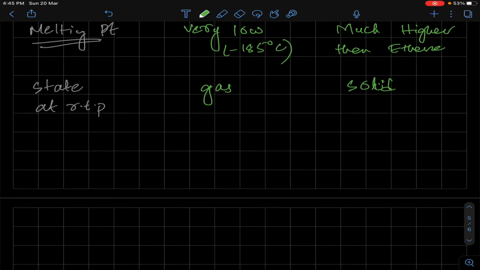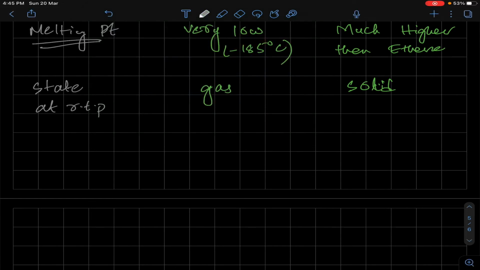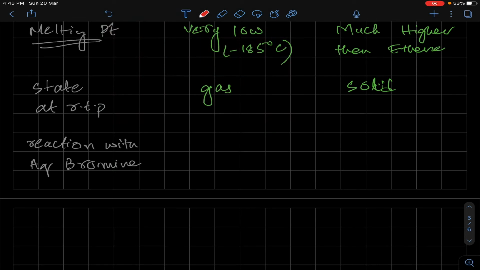And one more thing which comes most frequently in past papers is the reaction of the addition polymer and the monomer with aqueous bromine, right? Because this is a test for unsaturation. I hope everyone knew this.